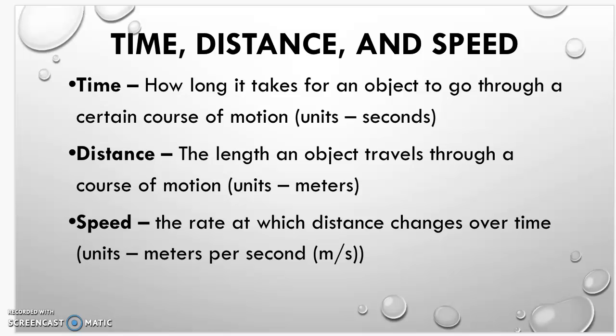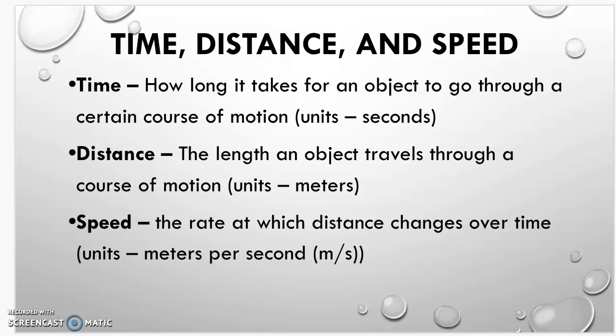Distance is going to be the length an object travels through that course of motion, and the units we're going to use are meters. This one's a little bit tricky because we're used to using things like feet, yards, and miles, but you'll see as we do more and more math and annotate more of these problems, the metric system is just much more simple.